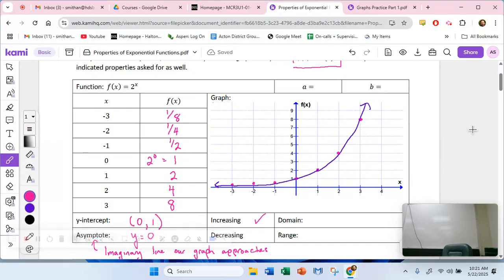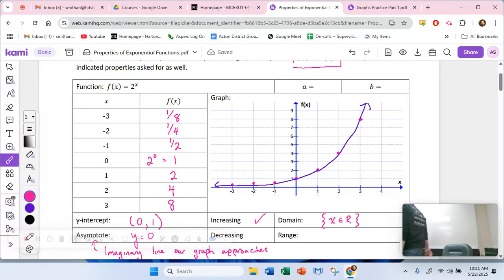Not only can you plug in positive whole numbers like you're in grade school, but you can plug in 0, you can plug in negatives, you can plug in fractions, you can plug anything in you want as the power of 2, and it's going to spit out a y value. So the domain of this exponential function is x can be any real number. The way we say that is our curly brackets. x can be any real number.